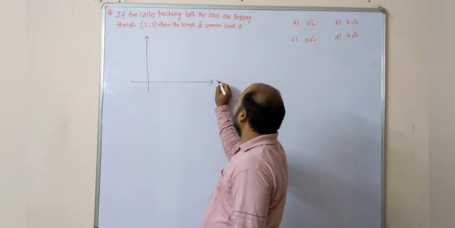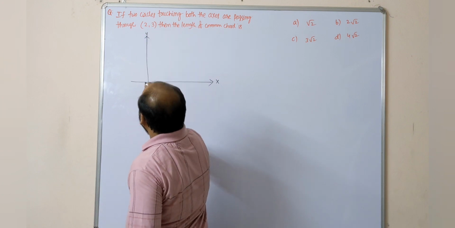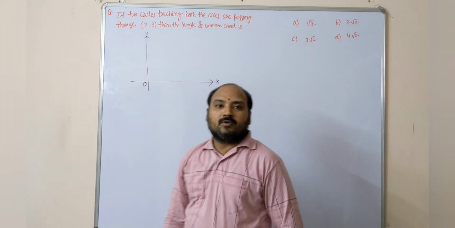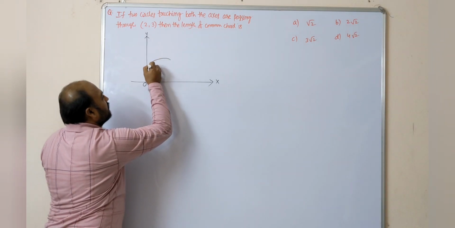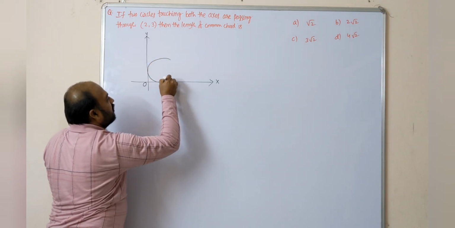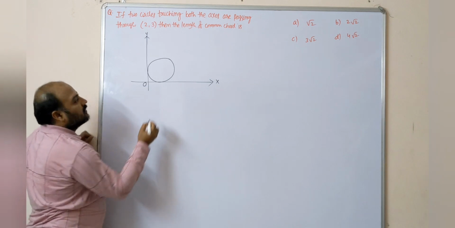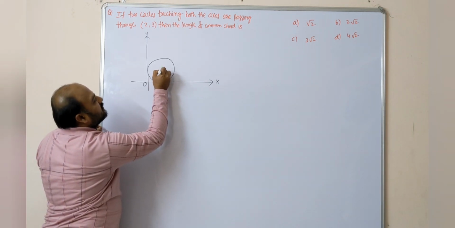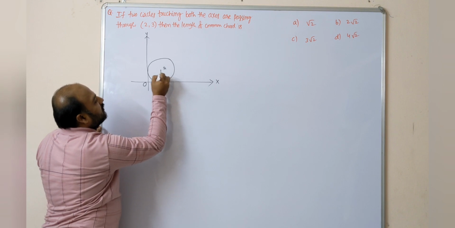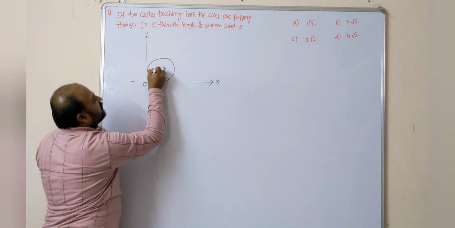Coordinate axis, x axis, y axis, origin. So this is the small circle I am taking, touching both the coordinate axes. For the first circle, I am taking the radius from here to here, it is R1. Even here also R1.